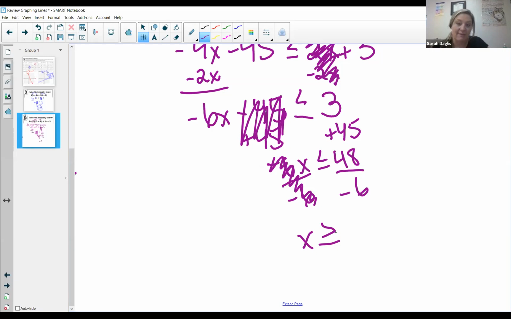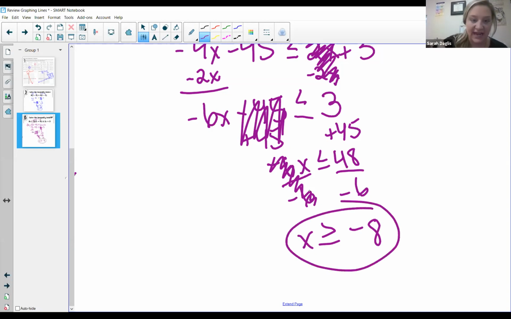And 48 divided by negative 6 gives me negative 8. Remember your sign flips when you multiply or divide by a negative number, and that happened in number 6. So our final answer here is x is greater than or equal to negative 8.